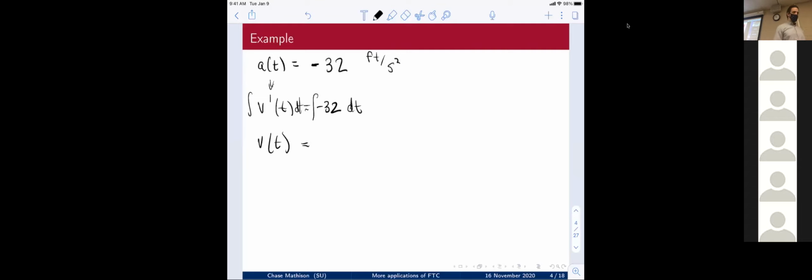On the right, the indefinite integral of negative 32 with respect to t is negative 32t. And remember, this is an indefinite integral, so what do I need? Plus some constant c.